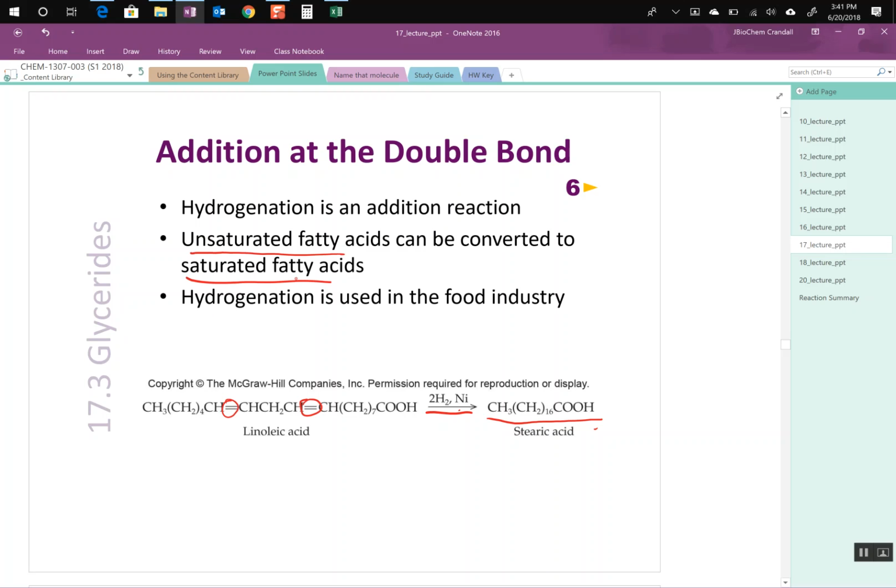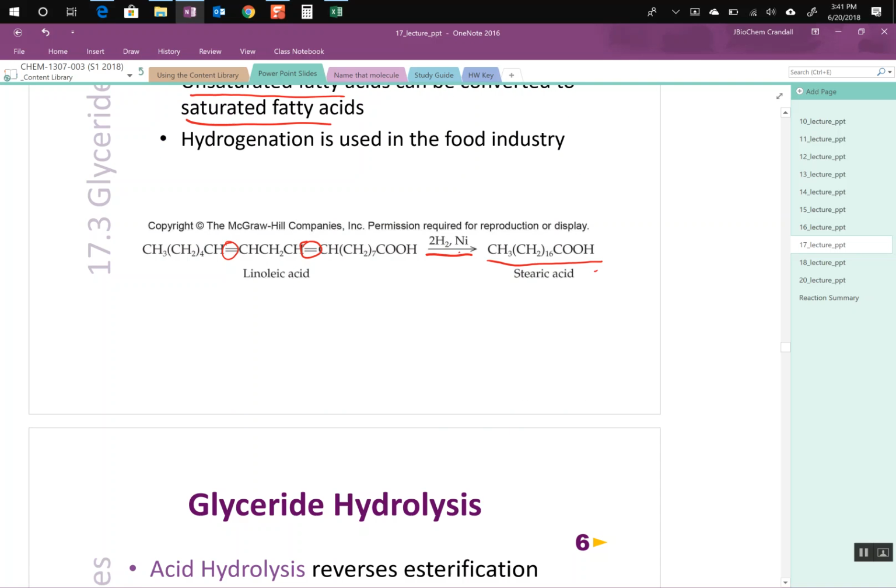And this is used in the food industry, right, to change some of these fats from one melting temperature to a new melting temperature. And oftentimes we hear those unsaturated or saturated fats in our food.